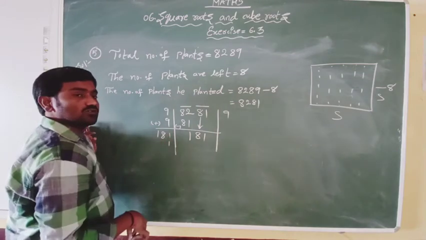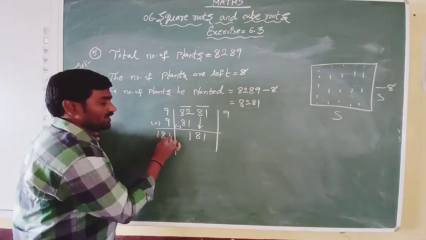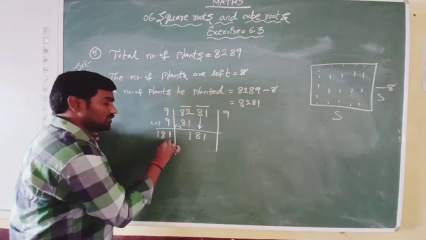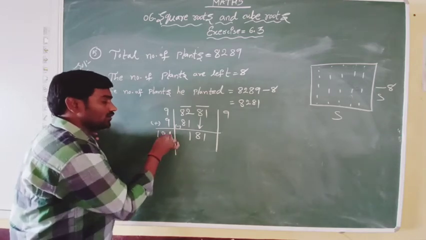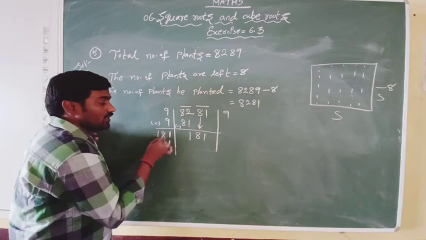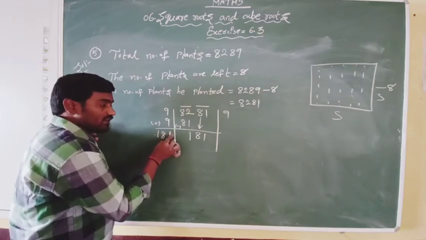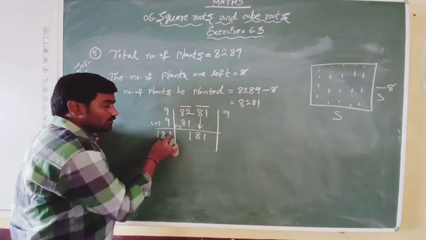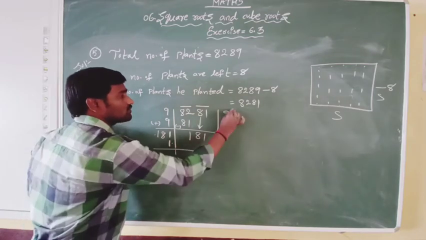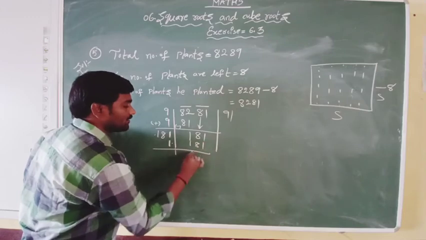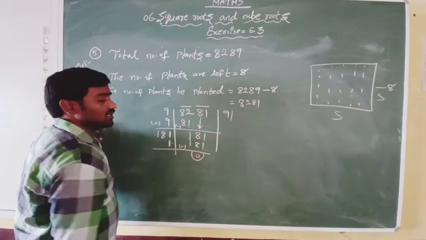Only 1 is possible, because 1 into 181. Whatever number I put here, the same number I have to keep here, and multiply with it. So the 1 also I will write here. I will get 181. Hence when I subtract, I will get 0.